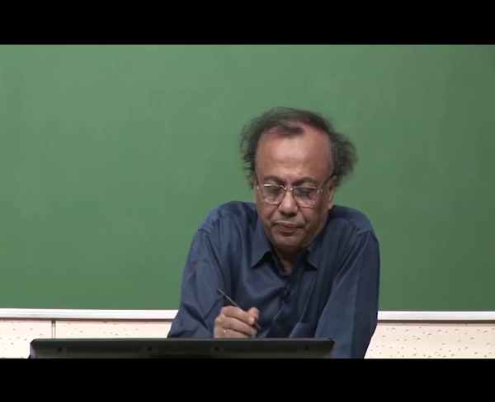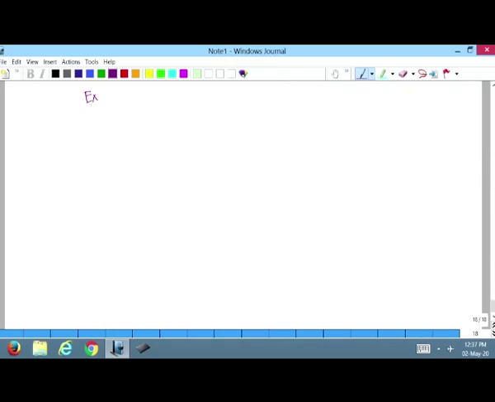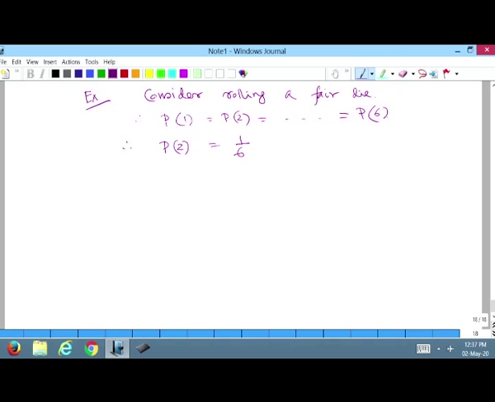So, to illustrate, consider rolling a fair die. Therefore, probability of 1 is equal to probability of 2 is equal to probability of 6, each being 1 by 6. Therefore, probability of 2 is equal to 1 by 6.